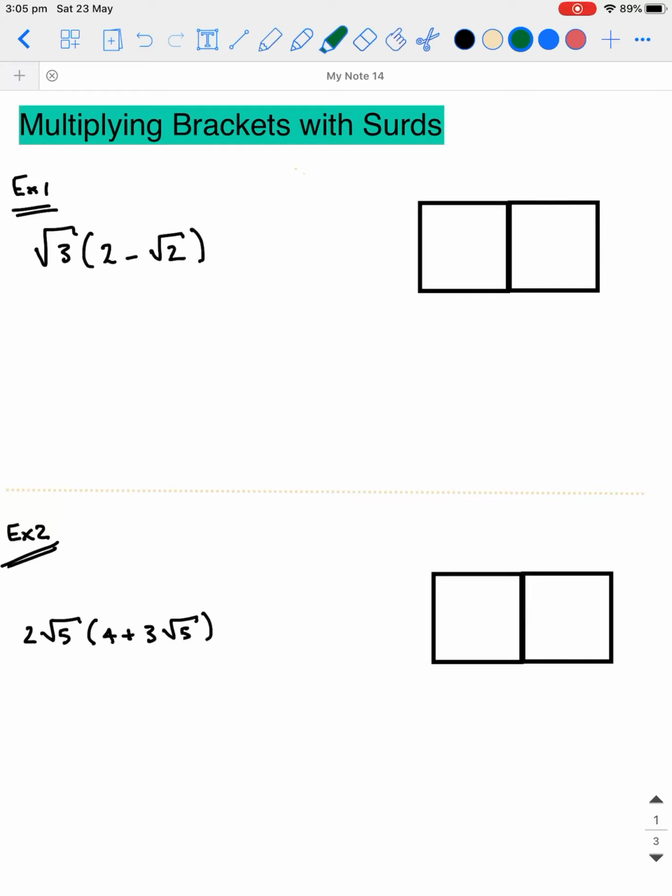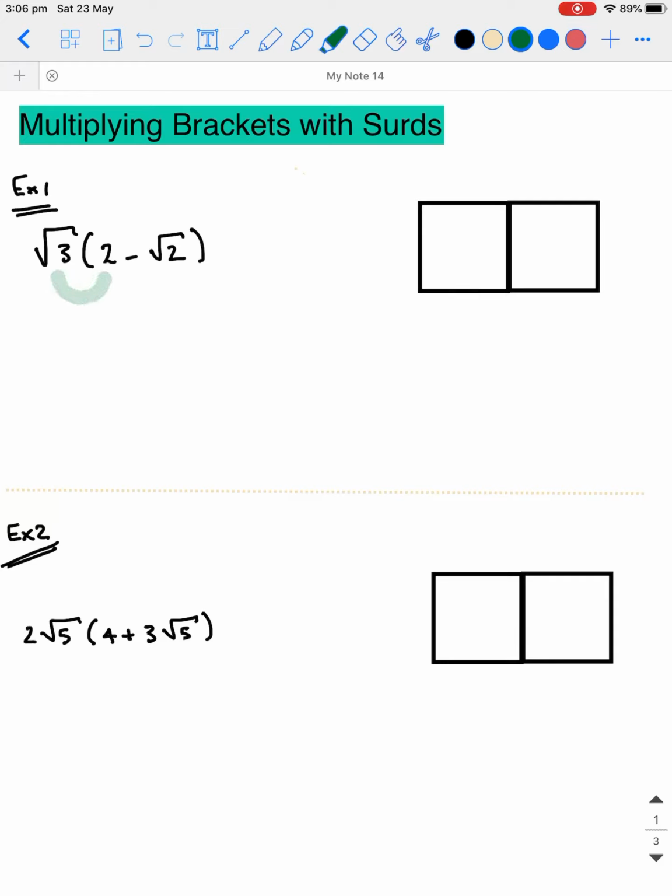So if we start with example 1, what we want to do is take root 3 and multiply that by the bracket 2 take away root 2. So what that means is that the root 3 multiplies everything inside the bracket.